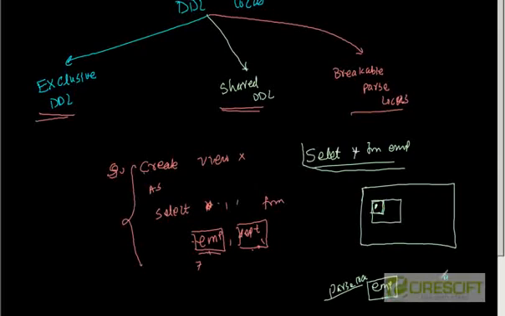However, if somebody in another session wants to drop that table, they can drop EMP, not a problem. In that case, this lock and this parsed statement of select star from EMP is going to be invalidated.